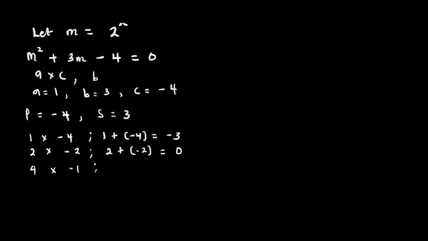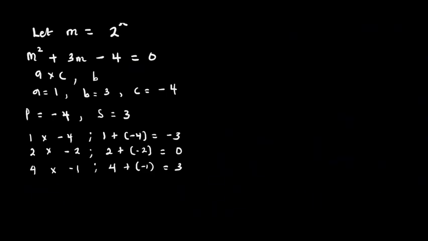If I do the same thing here also, I have 4 plus minus 1. This gives 3. So these factors give 3, and the sum is also 3. So the exact factors of this quadratic equation are 4 and minus 1.